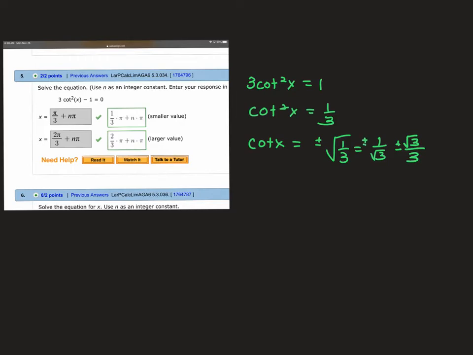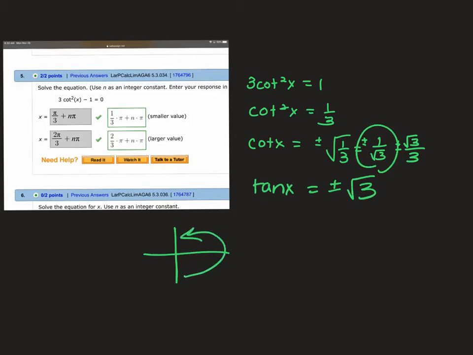This is cotangent, so it doesn't give you the interval, so I'm going to flip it to tangent. Actually, I should have done that before I rationalized it. So it's where tangent is plus and minus root 3. And then because it doesn't give me the interval, I'm going to look at negative to positive. And I would have gotten pi over 3 plus n pi, or negative pi over 3.